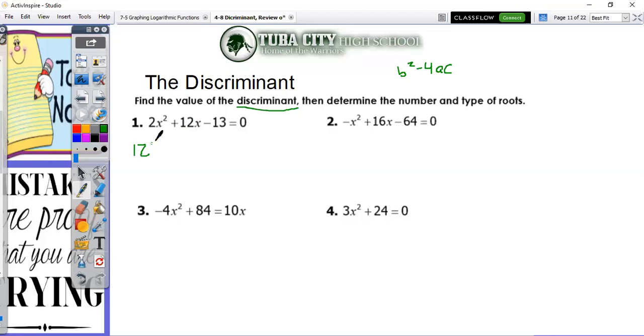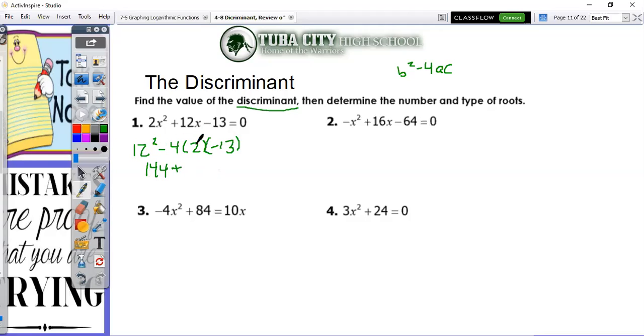So that's b squared minus 4 times a times c. Let's see, we got 144, and negative times negative is going to cause it to be a positive.